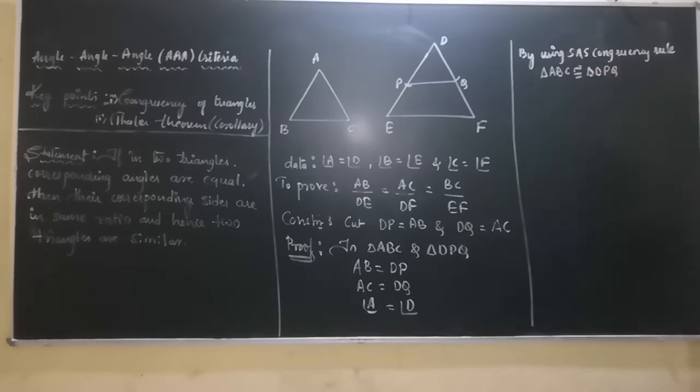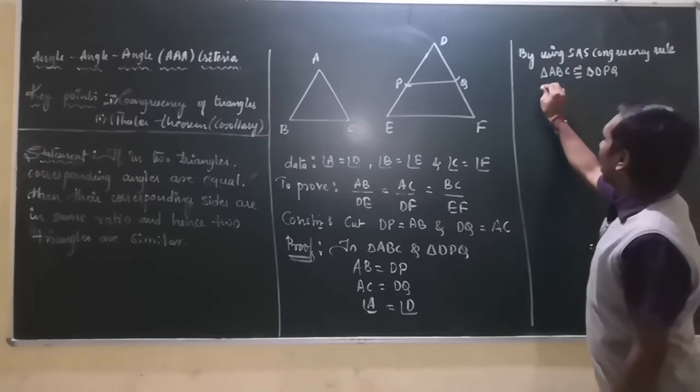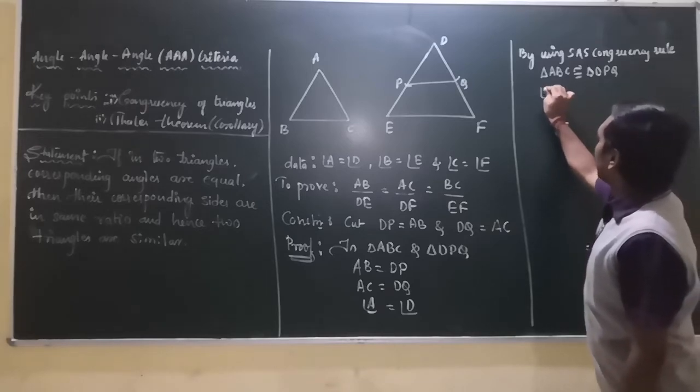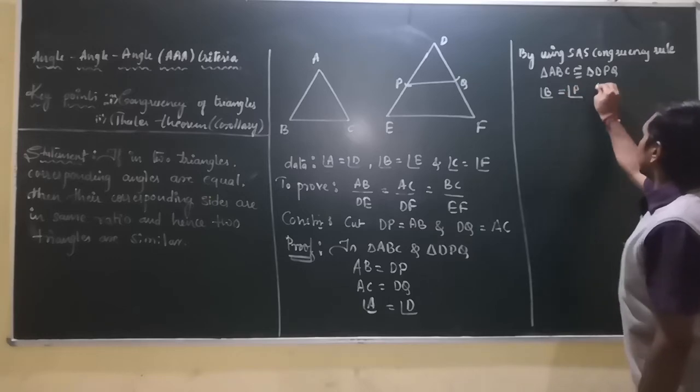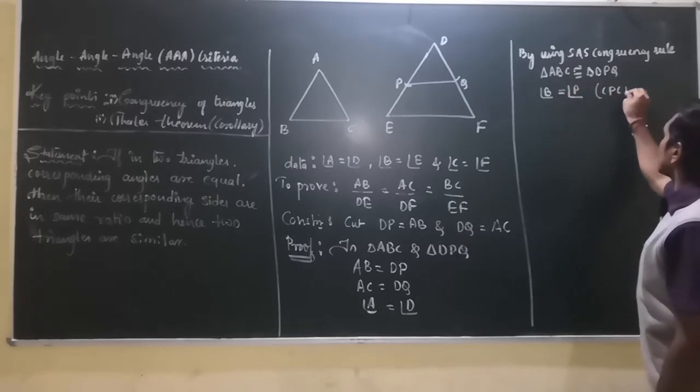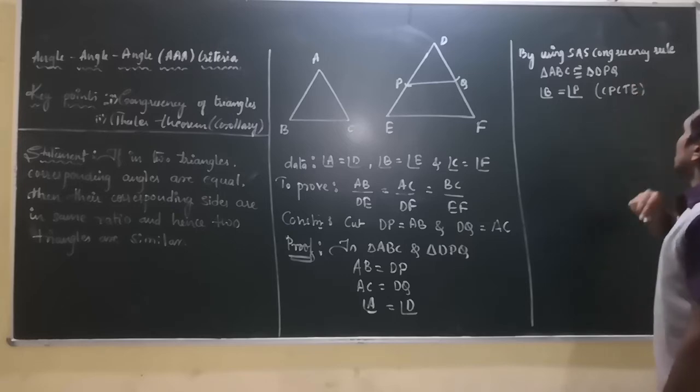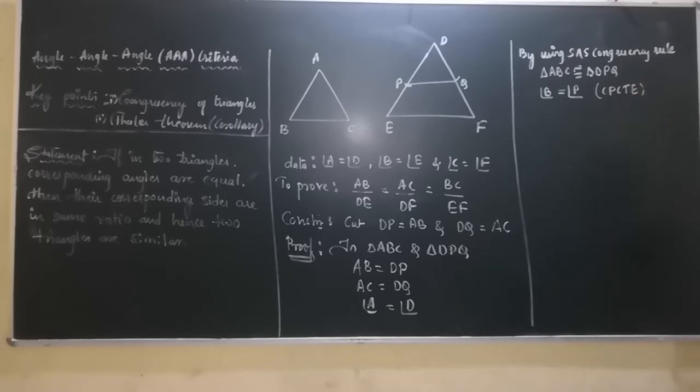Once I have written congruent, I can write angle B is equal to angle P. This is because of CPCT, that is, corresponding parts of congruent triangles are equal.